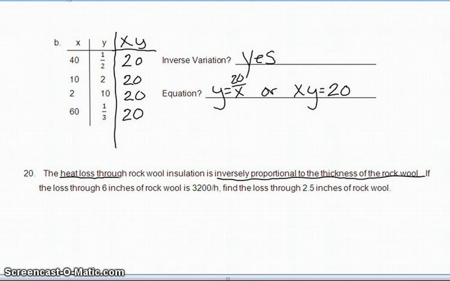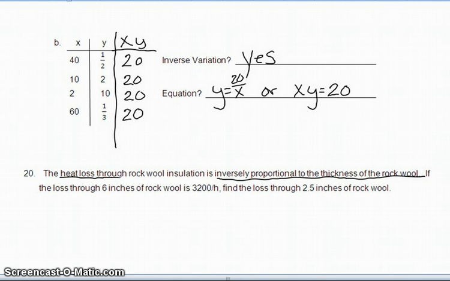The thicker the insulation, less heat loss. The thinner the insulation, more heat loss. That makes sense. So, if the loss through 6 inches of rock wool is 3,200 BTUs per hour, find the loss through 2.5 inches of rock wool.